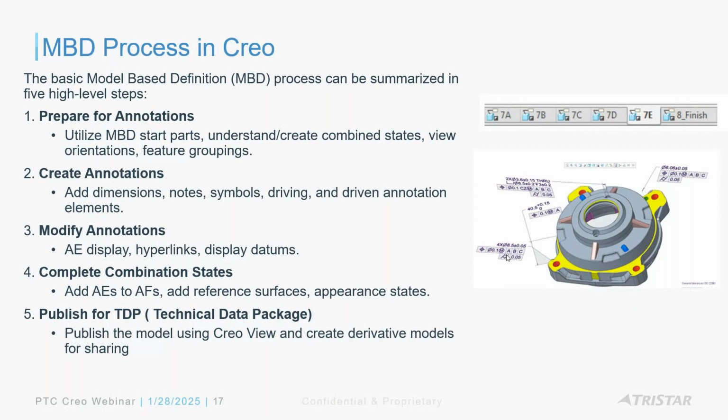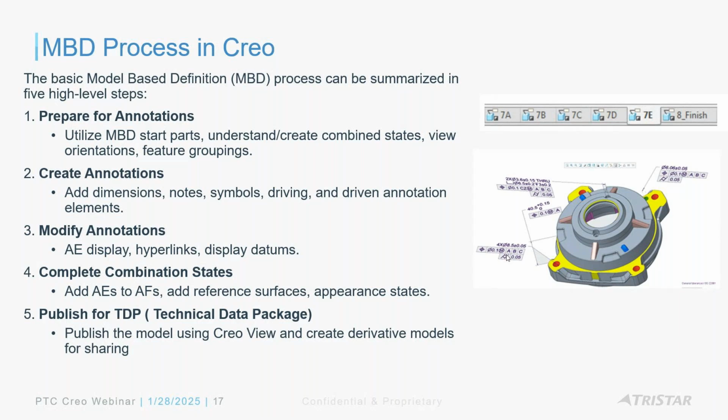It may already have view orientations, apart from your parameters, your layers, layer states, feature groupings, right? That way, everybody has a consistent start point, and you're also adhering to that MIL standard schema that they put together based on the ASME Y14.41 standards. And then you start creating your annotations as required, depending on the model.